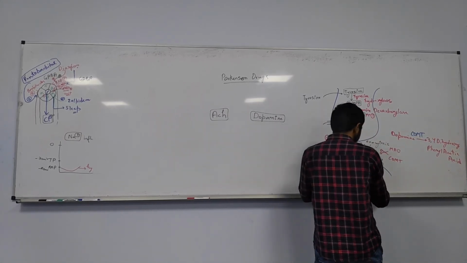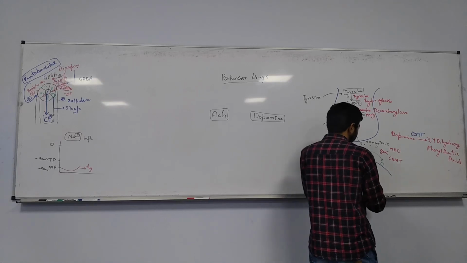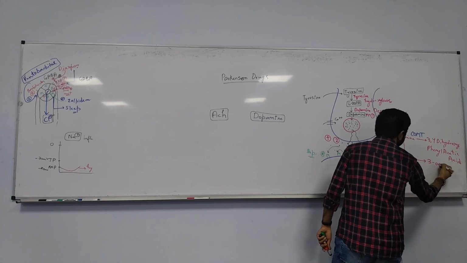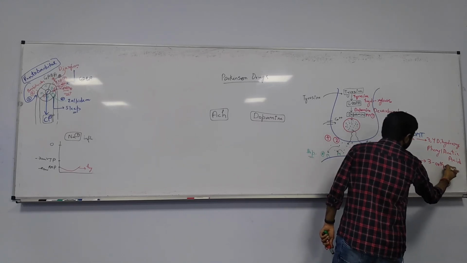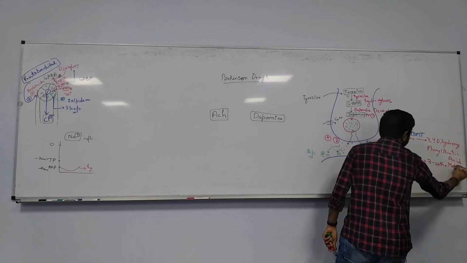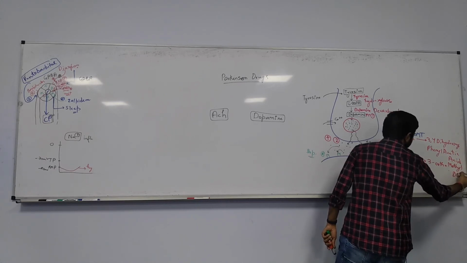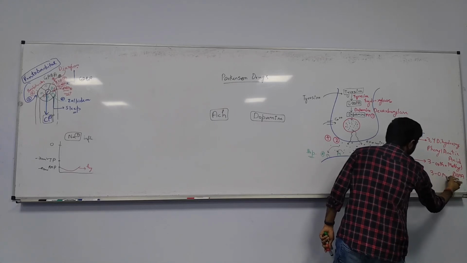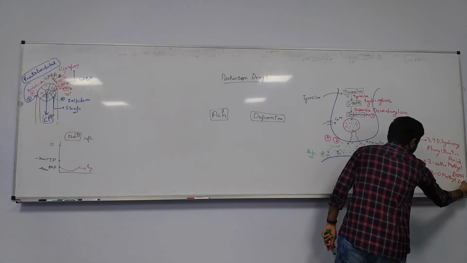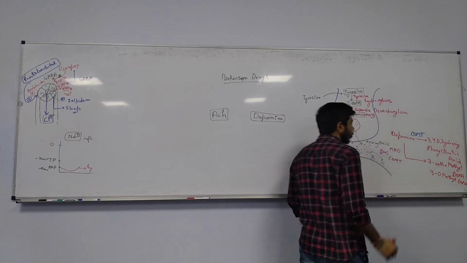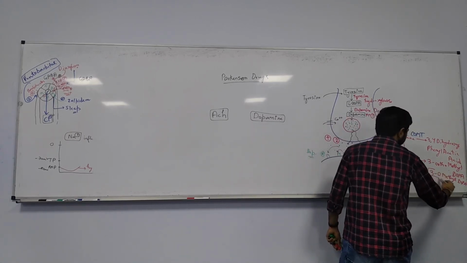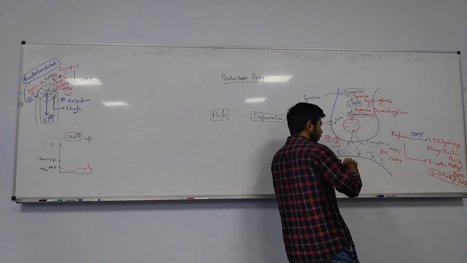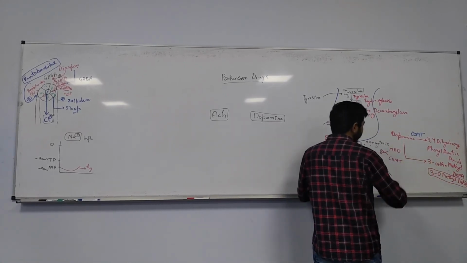And this dopamine can be converted into 3-ortho-methyl-dopa, or you can say 3-O-methyl-dopa. Dopamine can be converted into 3,4-dihydroxyphenylacetic acid and 3-O-methyl-dopa.